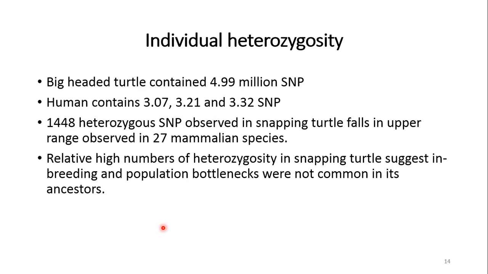These results are higher in big-headed turtles, containing 4.99 million SNPs, and humans contain 3.07, 3.21, and 3.2 single nucleotide polymorphisms. The 1448 heterozygous SNPs observed in the snapping turtle fall in the upper range observed in 27 million species, and the relatively high heterozygosity in snapping turtles suggests inbreeding and population bottlenecks were not common in its ancestors.